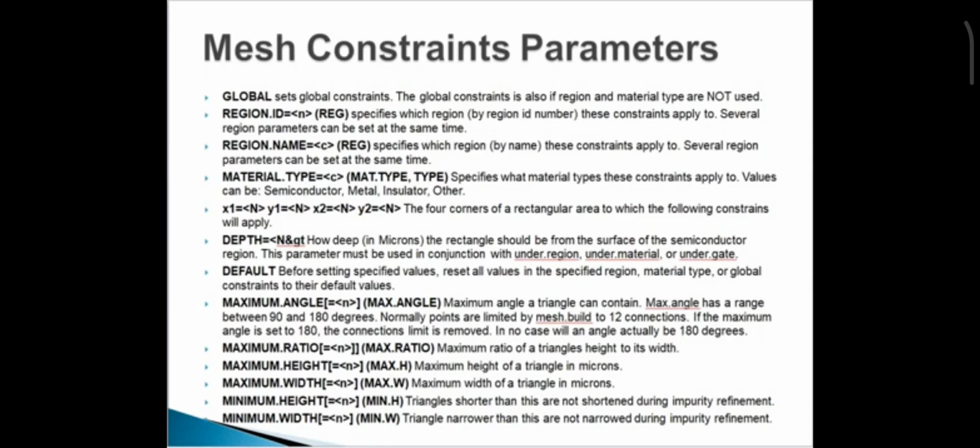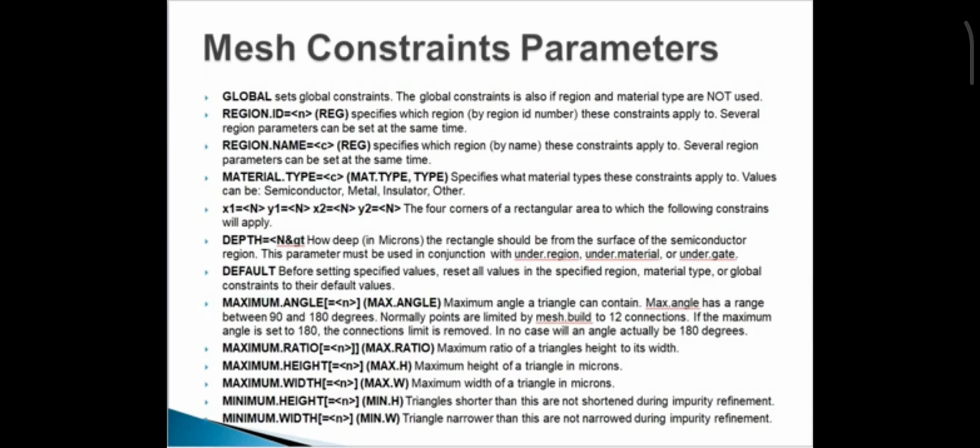Material type: specify what material type these constraints apply to. Value can be semiconductor, metal, insulator, and others. X1, X2, Y1, Y2: the four corners of a rectangular area to which the following constraint will apply. Next, depth: how deep in the rectangle should we form the surface of the semiconductor region.